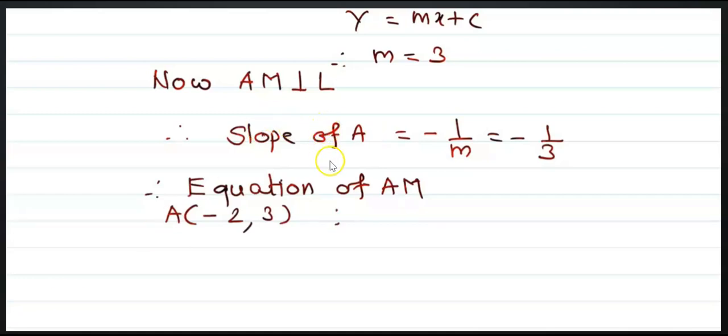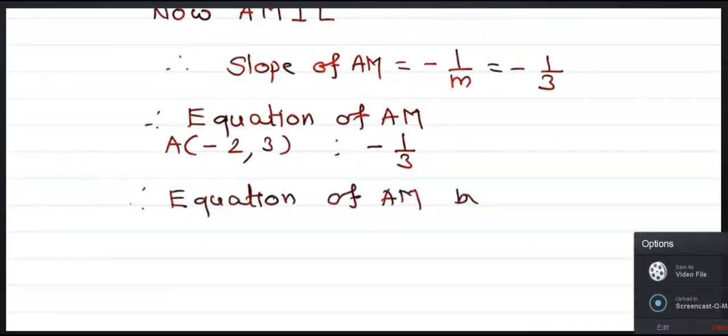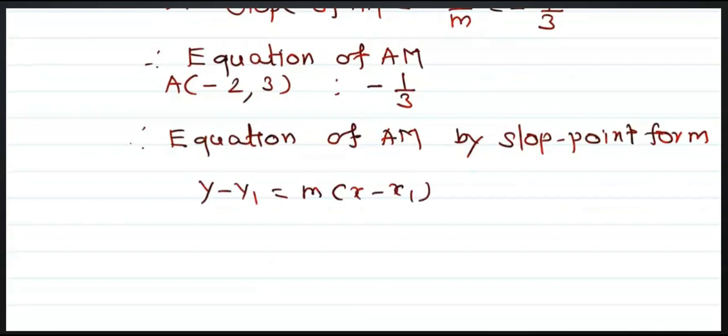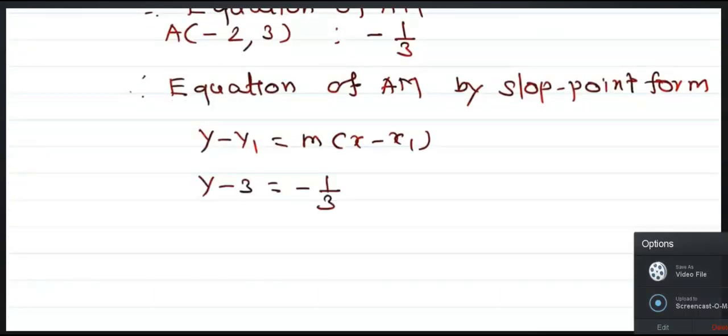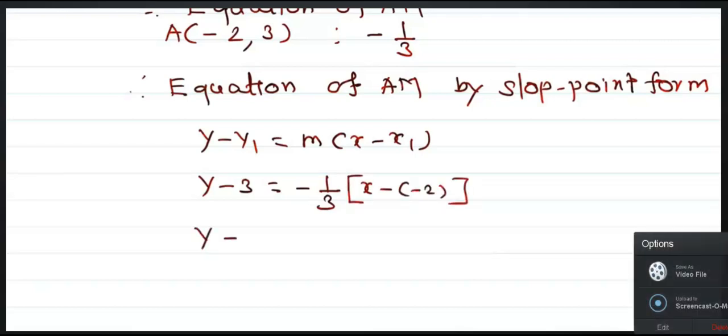Equation of AM is, we will apply the slope point form, that is y minus y1 is equal to m in bracket x minus x1. It is written as y minus 3 is equal to minus 1 upon 3 in bracket x minus in bracket minus 2.